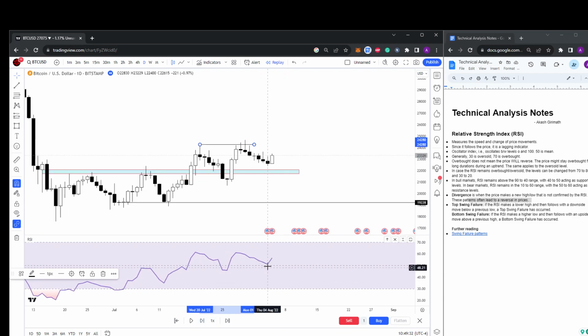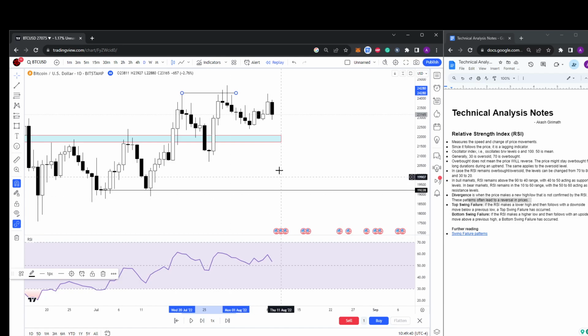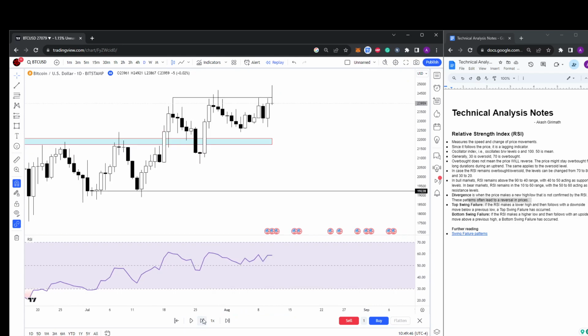Take a look at the RSI, bounced above 50 again. Two fake outs, bounced above 50, right? Failed to produce a higher high over here relative to this particular high. It did produce a higher high, so now these highs were cleared over here.